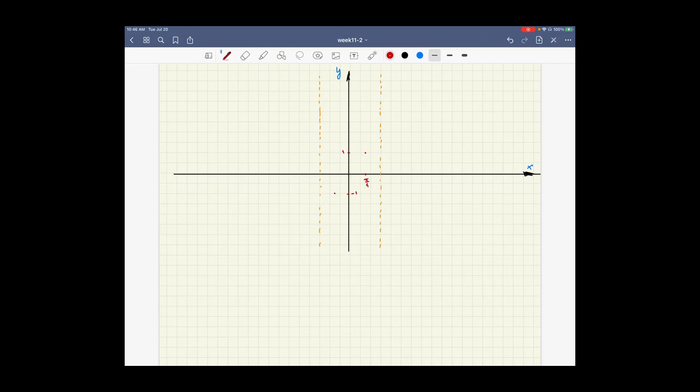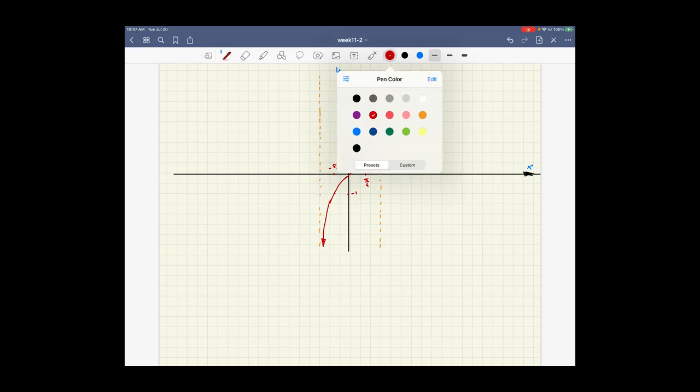That's pi over 4. That's negative pi over 4. And other branches are a copy-paste of this one.